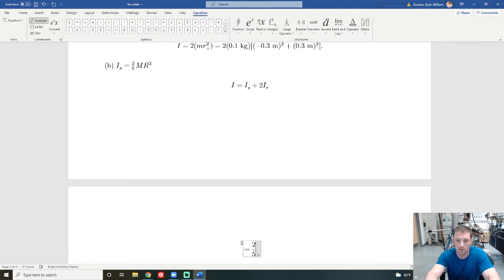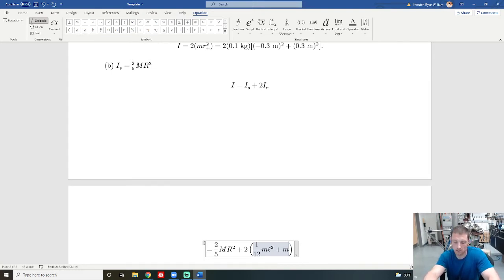Now we know that this is 2/5 mr squared plus the moment of inertia of the rod. Then we have to use the parallel axis theorem for the moment of inertia of the rod. And remember that we have to start with the moment of inertia of the rod about its center of mass, which should be 1/12 ml squared, and then we have to add the mass of the rod times the distance from the axis of rotation passing through the center of mass to the new axis of rotation, right?